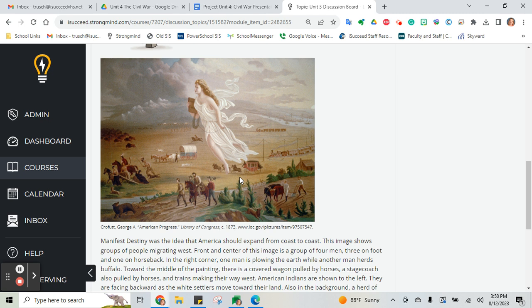Okay, so here you see us going west. You see the angel going west, and what I want you to do is analyze this picture and tell me three things that you see and what they depict about manifest destiny. Okay, so that's some pretty cool stuff.